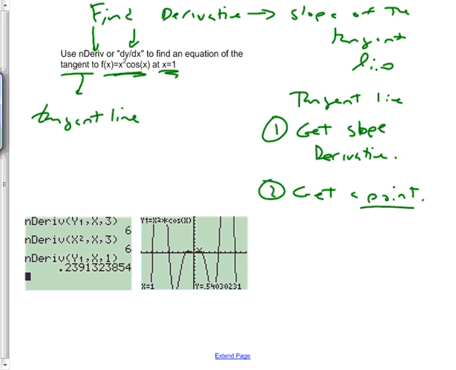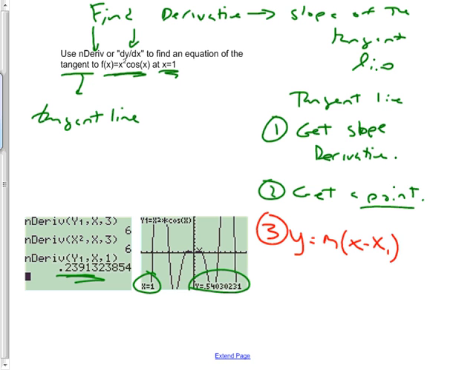Now that we have the slope, and the slope is given right here, and a point right there, we can find the tangent line. The tangent line, as a reminder, is y equals m times (x minus x1) plus y1, using the point-slope form.